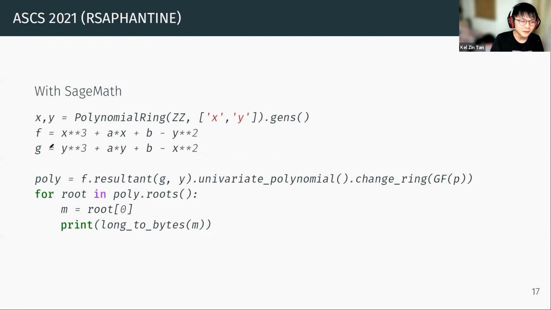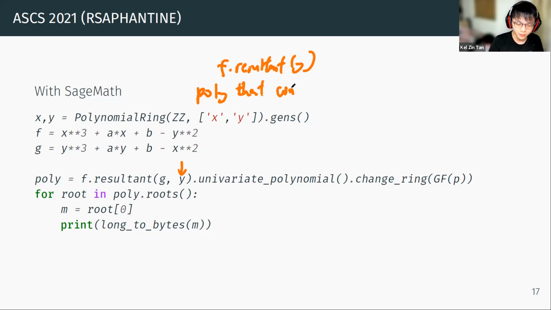You just take the resultant of f and remove y. This is just some syntax in Sage. Basically, you want to convert this into a univariate polynomial before you can find the roots. So f.resultant(y) will give you a polynomial that only contains x.